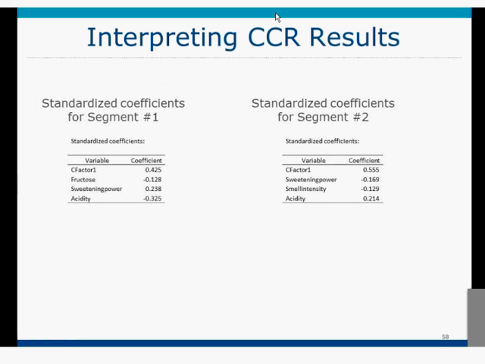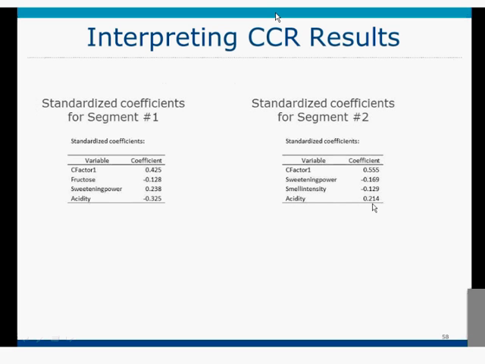But the key is that for segment 1, the additional 3 variables, fructose, sweetening power, and acidity, these are standardized coefficients. The most important predictor is the one that has the largest standardized coefficient. So 0.325 for acidity.